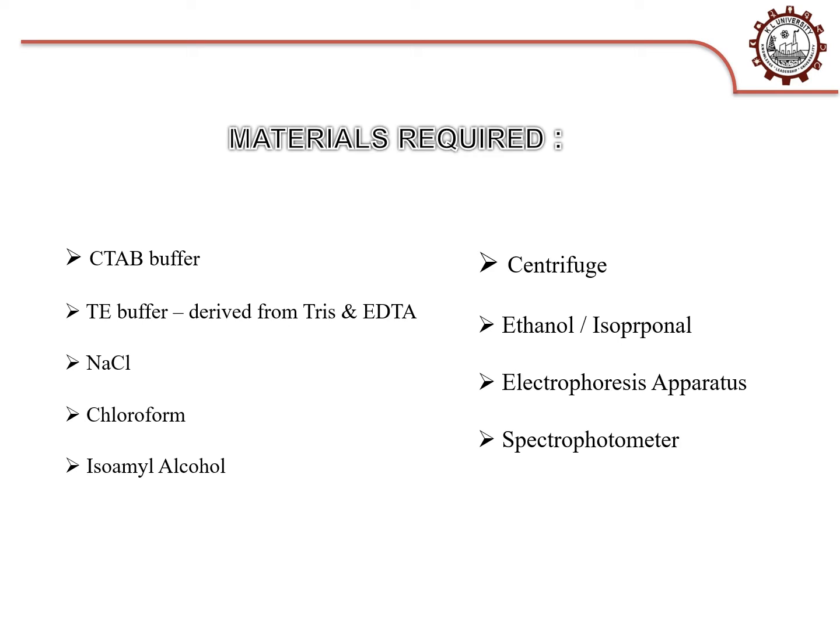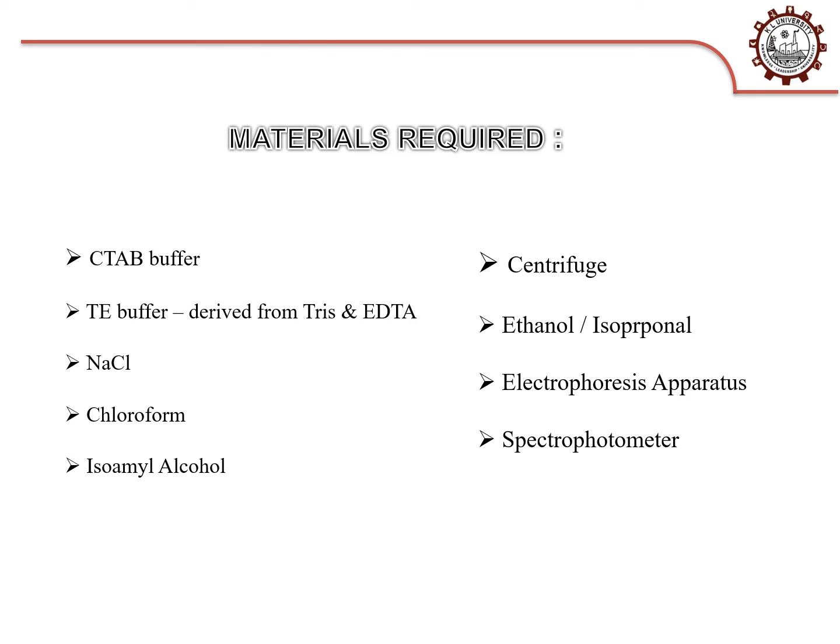Ethanol or isopropanol precipitates DNA from solution. Electrophoresis apparatus. This applies an electric charge to molecules, causing them to migrate towards their oppositely charged electrodes. Spectrophotometer. It is an analytical instrument used to measure the transmission of a solution.